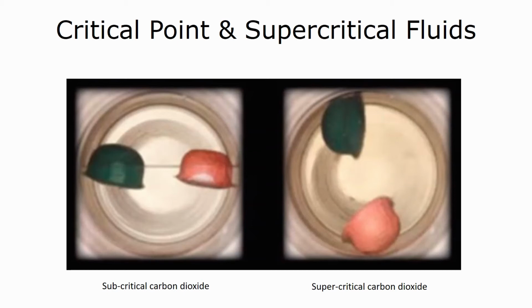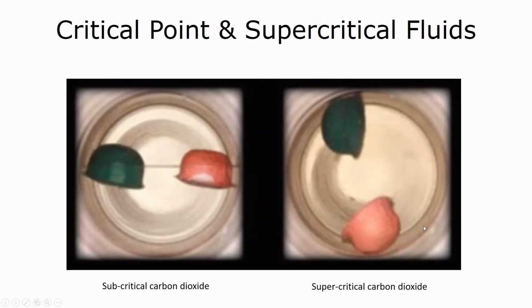However, as we increase the pressure and the temperature, we get to supercritical carbon dioxide. Notice that the liquid phase here no longer exists. And of our two ballasts, the very low density one is floating, and our high density one, which is higher than the density of supercritical CO2, has dropped.